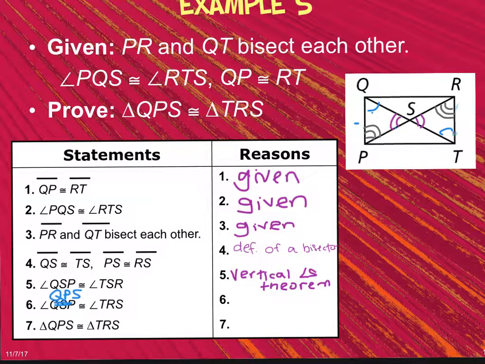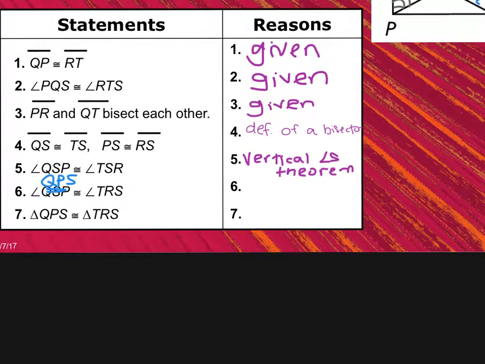Corresponding? You'd have to know that the lines are parallel. Nope. Third angles theorem. Good job. Okay, we just got off that section, right? 4.3 said that if 2 pairs of angles in a triangle match 2 pairs of angles in a second triangle, then the third one would be equal as well. That is the third angles theorem.